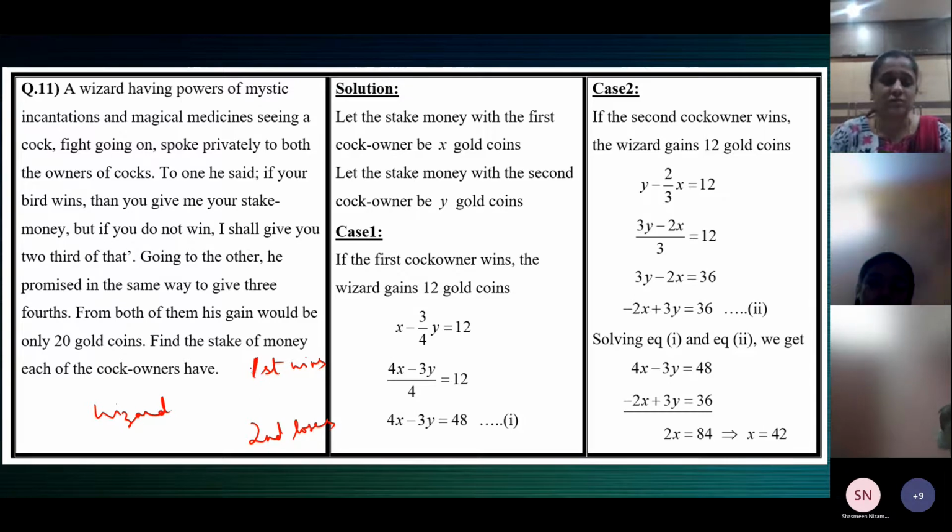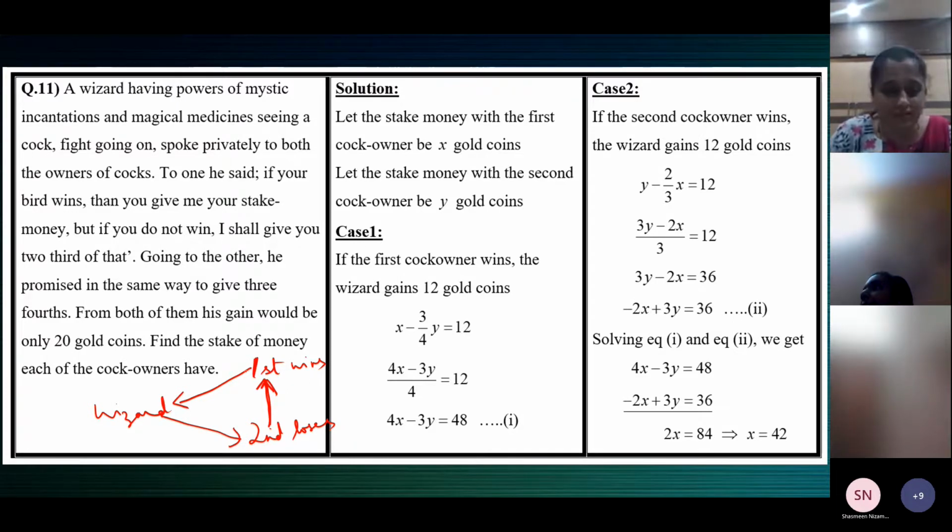This one wins. So he'll give his stake money to the wizard. Now this guy will receive from the second one because he loses. He loses, so he'll give the first owner. If you lose, you'll have to give your money to the winner. Now he's lost, right? But he's not going to go home empty-handed. The wizard will give him money.